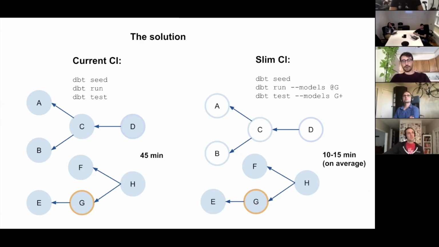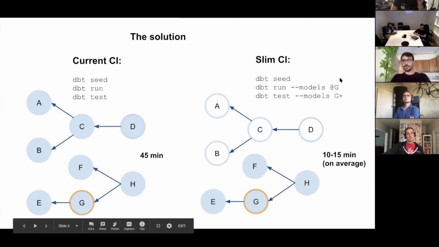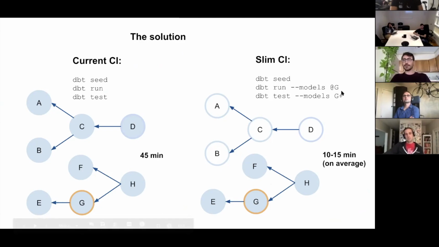The heart of what this slim CI tool does is run only on the models you've changed. So in this case, instead of vanilla dbt seed, run and test commands, we're running only the model that changed using the @ operator. I didn't know about the @ operator until a couple of weeks ago when Drew told me about it, but it's pretty cool.